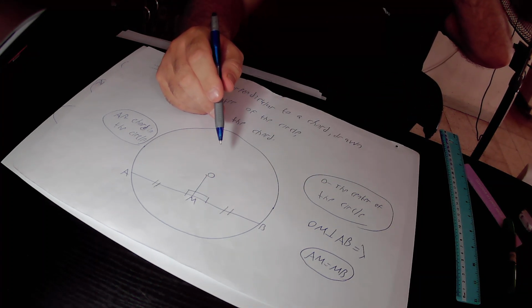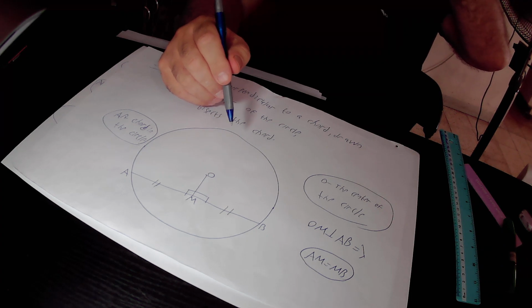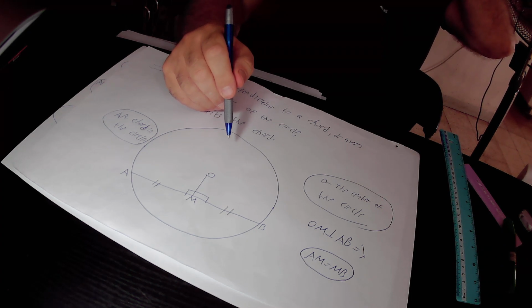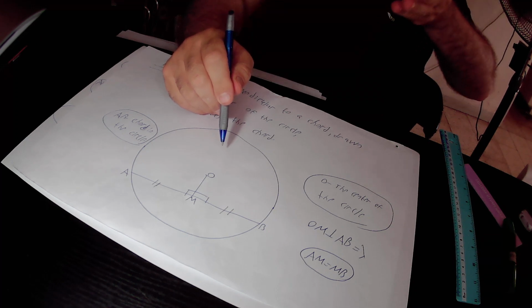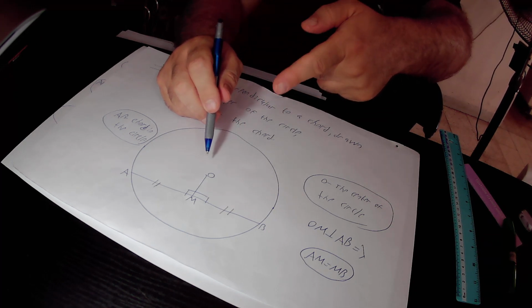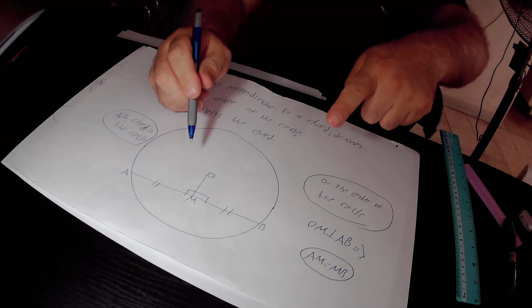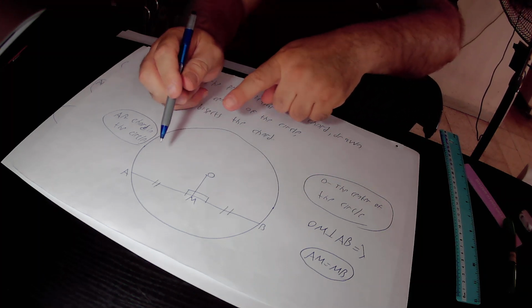According to this rule 11, whenever you draw a perpendicular from the center of the circle towards any chord, in this case chord AB, the perpendicular OM bisects chord AB.